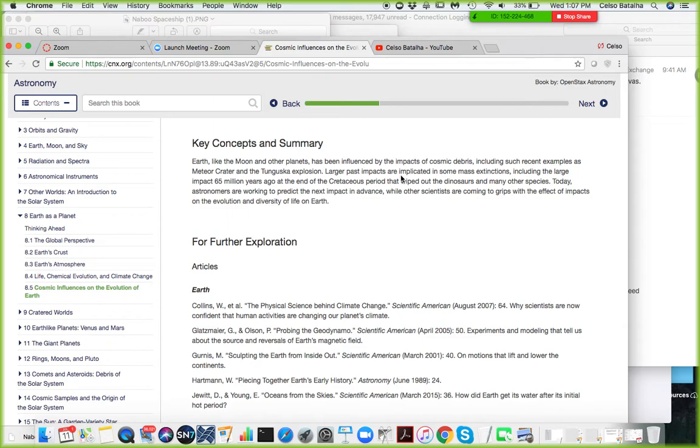So those different features are the result of the geology Earth goes through.